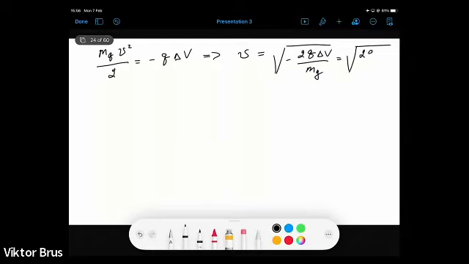That will be 2 times Q times E D divided by mq.